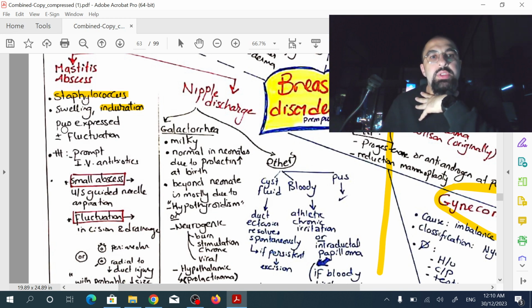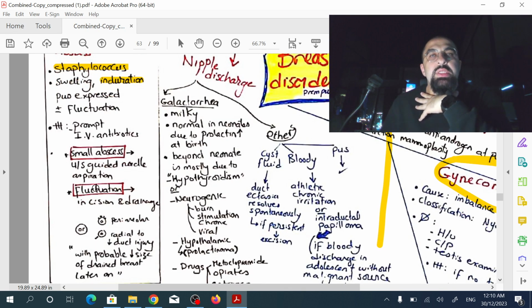There are two conditions. The first is a small abscess, meaning induration is more than fluctuation, and it's not all over the areola. This can be managed by ultrasound-guided needle aspiration, and it's better to do that as early as possible with IV antibiotics.